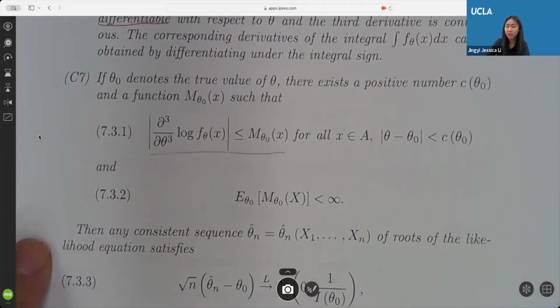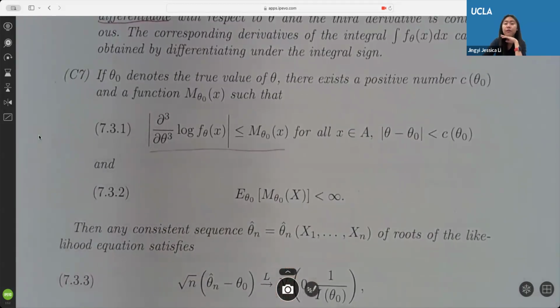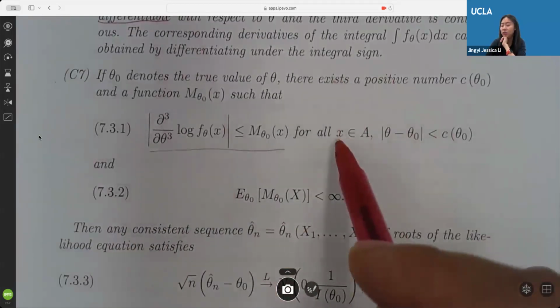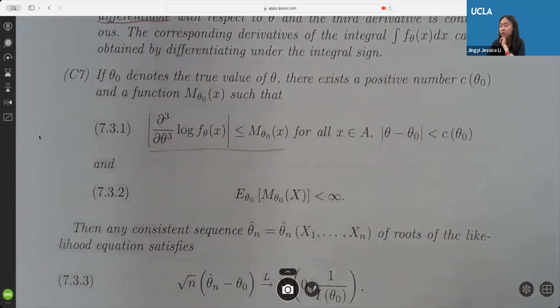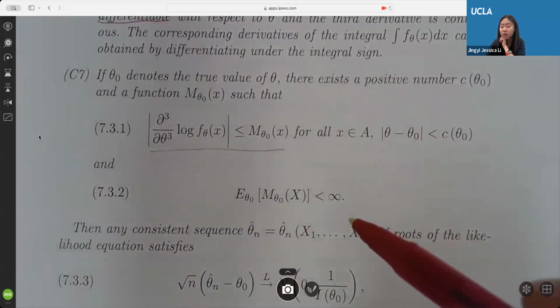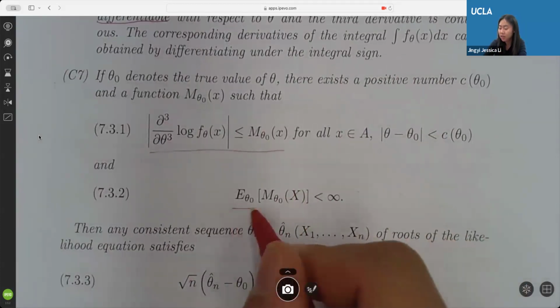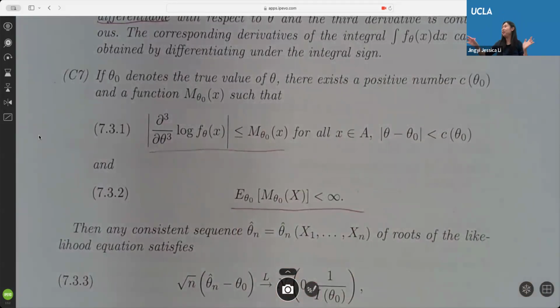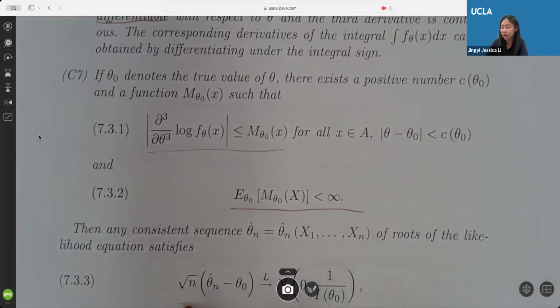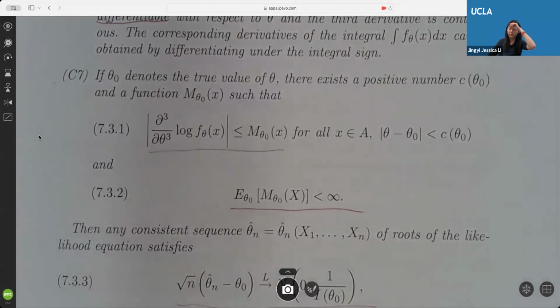You bound the absolute value of the third derivative for all x in your distribution domain. And you need this upper bound to have finite expectation. This is just to ensure that you don't have some radical behavior in your third derivative. Then any consistent sequence of MLE, depending on sample size n, of roots of the likelihood equation satisfies asymptotic normality, with Fisher information bounded away from 0 and infinity.